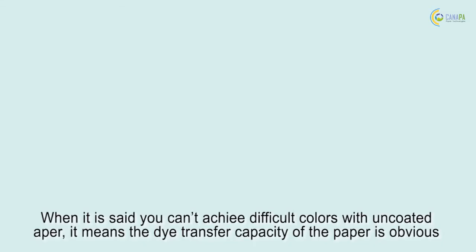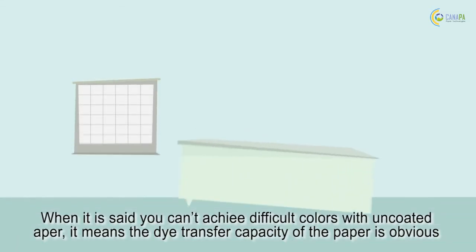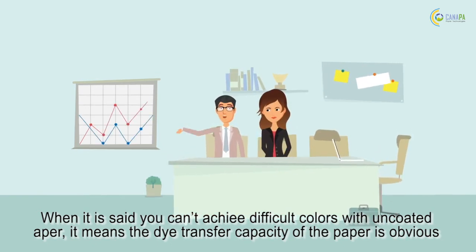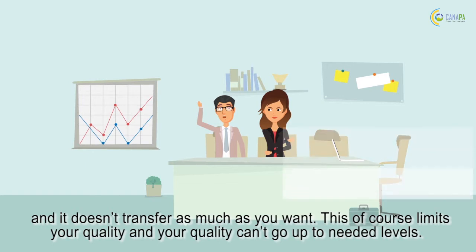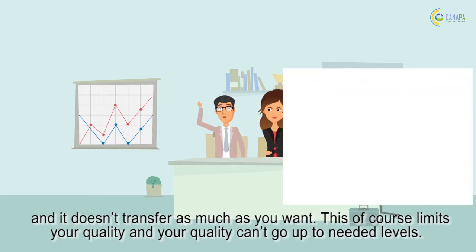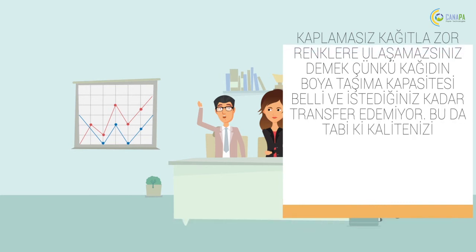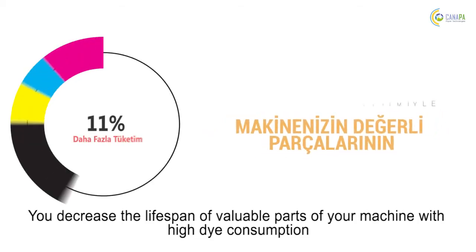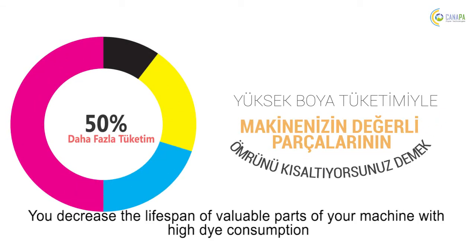When it is said you can't achieve difficult colors with uncoated paper, it means the dye transfer capacity of the paper is obvious, and it doesn't transfer as much as you want. This, of course, limits your quality, and your quality can't go up to the needed levels. You decrease the lifespan of valuable parts of your machine with high dye consumption.